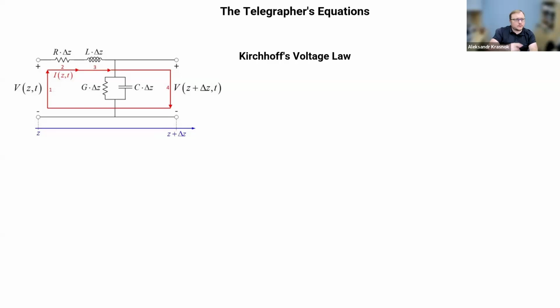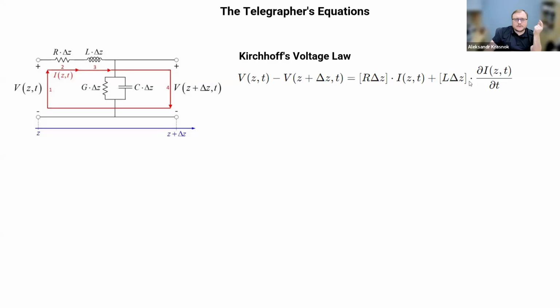Here we have no electromotive force, so it must be equal to 0. As I go clockwise along this path, here I get V, then the voltage drop across the resistor, which is this term here, then the inductance term, which is the electromotive force induced in the inductance.